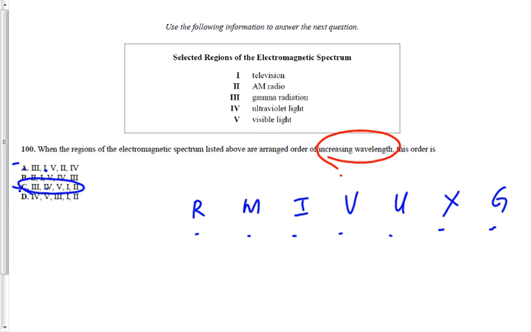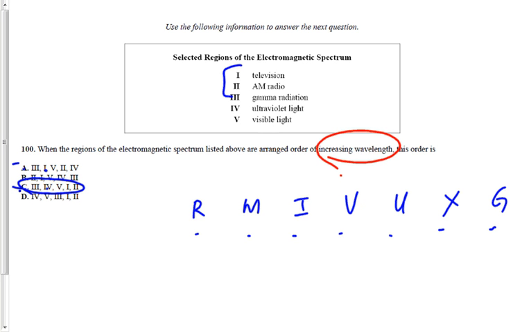Now, how do we distinguish between 1 and 2? Which one has the higher frequency or the higher wavelength? We talked about radio waves, but we didn't separate AM radio waves from television radio waves. So how do we distinguish between those two in this question? We don't need to. You need to know that they're both types of radio waves.